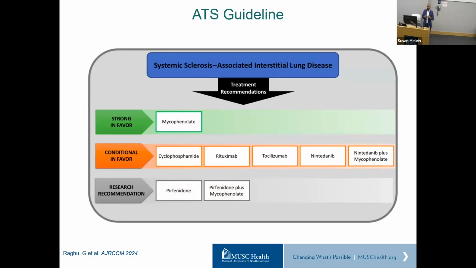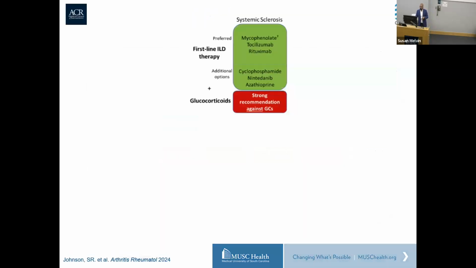From the ATS standpoint, we know that CellCept is associated with benefits with low risk, and that has the strongest recommendation. There is a conditional recommendation for some of the other agents that you're seeing: cyclophosphamide, rituximab, tocilizumab, and nintedanib with mycophenolate. And the ones in gray are not recommended for clinical use and should be studied in a clinical trial.